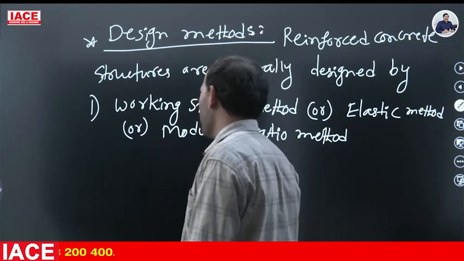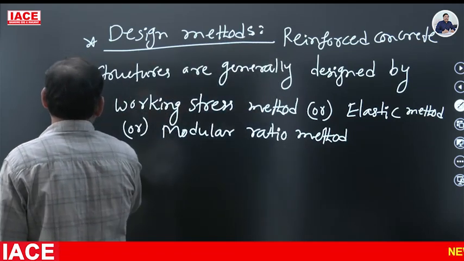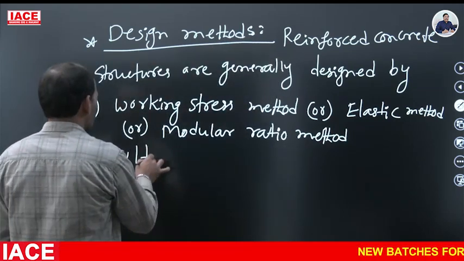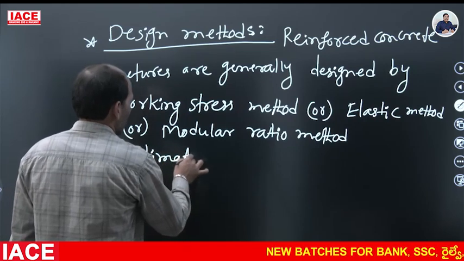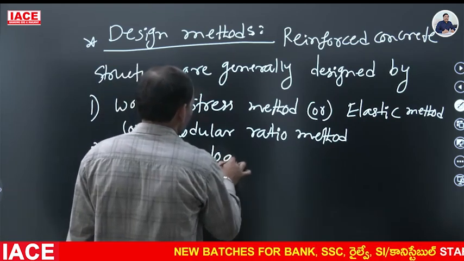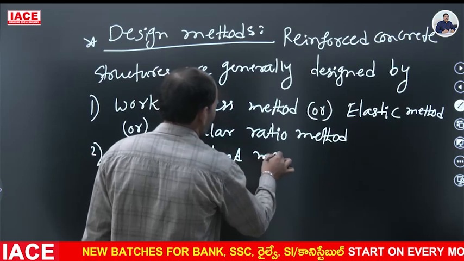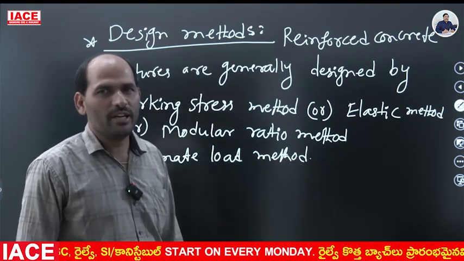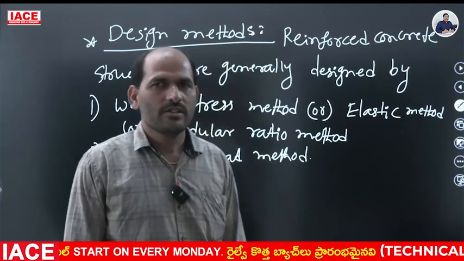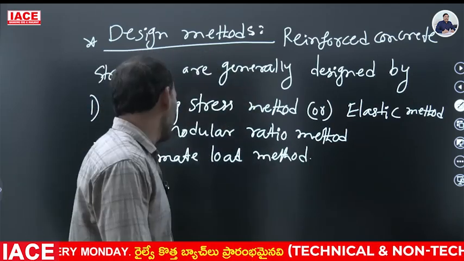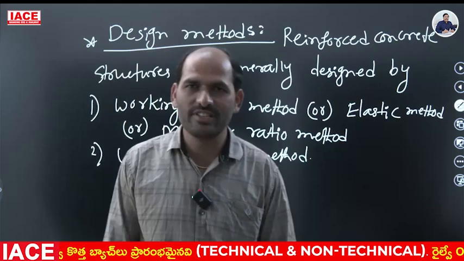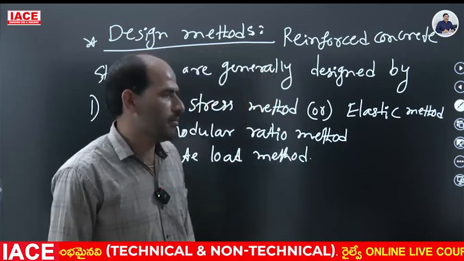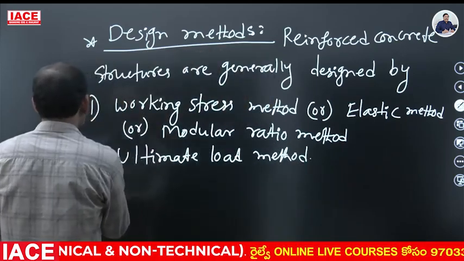The second type of method is the ultimate load method, which we call the load factor method. And the third method of design, and a very important method, is the limit state method.